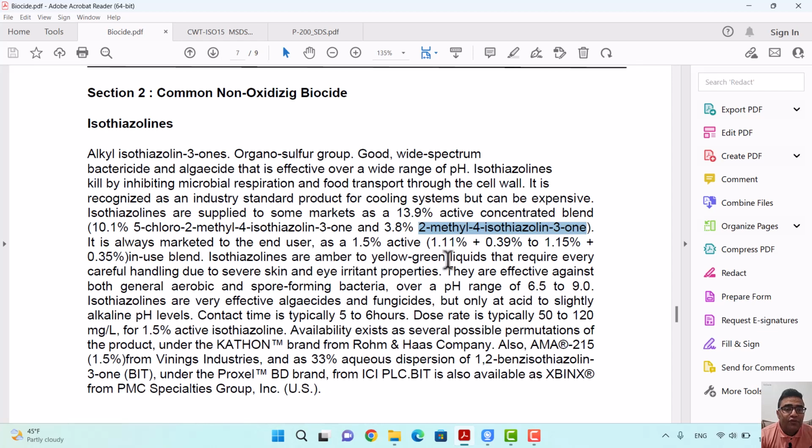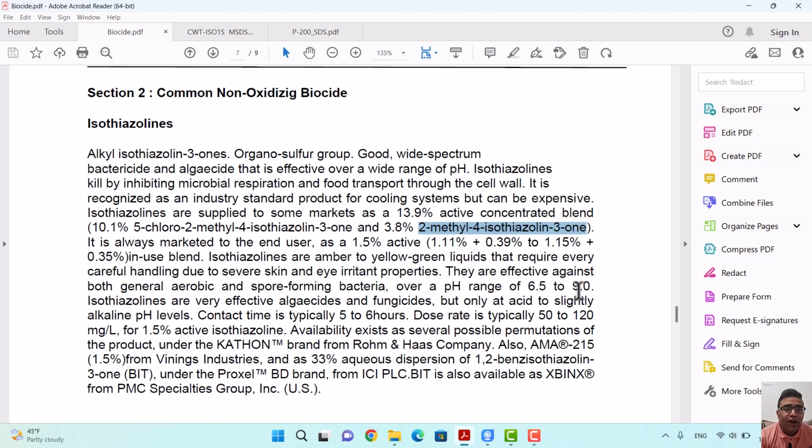Isothiazolines are amber to yellow-green liquids that require very careful handling due to their severe skin and eye irritant properties. They are effective against both general aerobic and spore-forming bacteria over a pH range of 6.5 to 9.